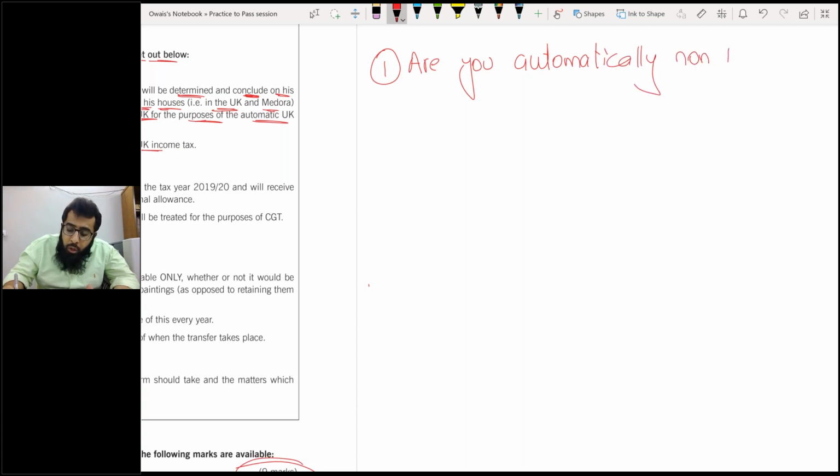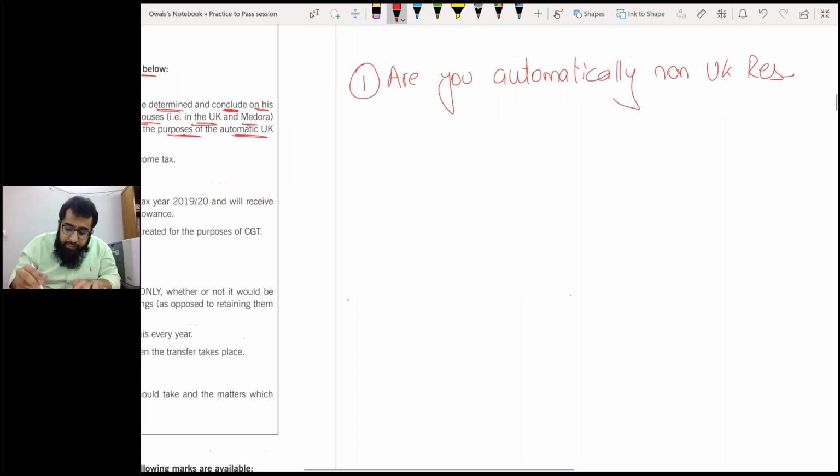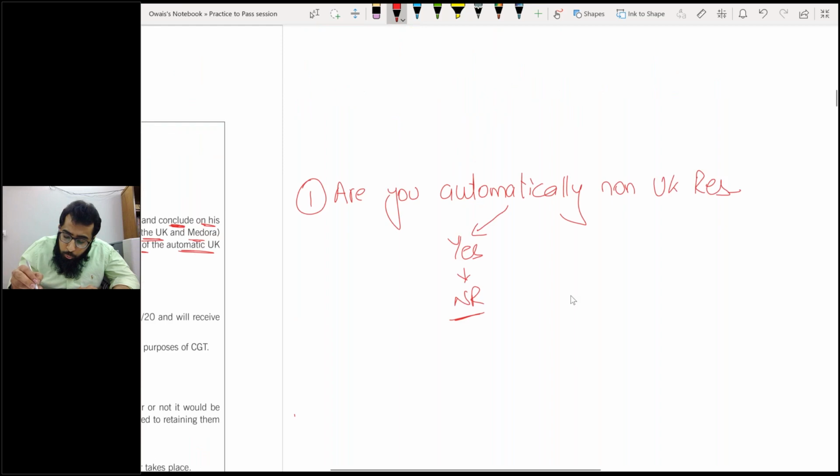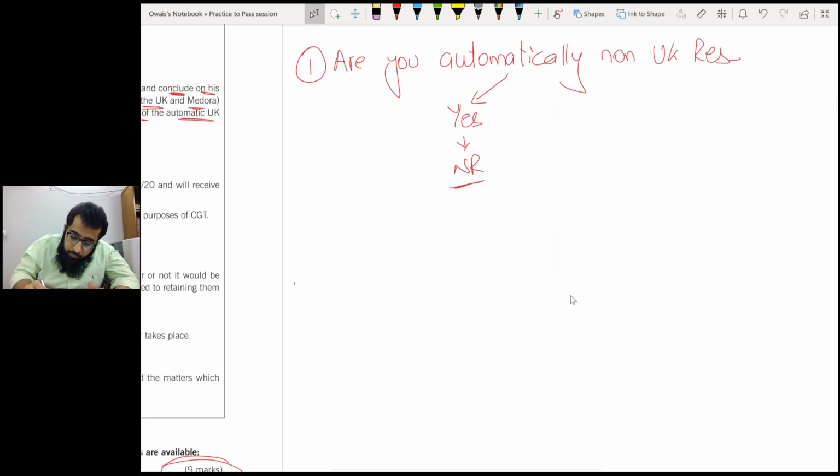If the answer to this question is yes, then you are non-resident. Fair enough. But if the answer to this question is no, then move to question number 2.